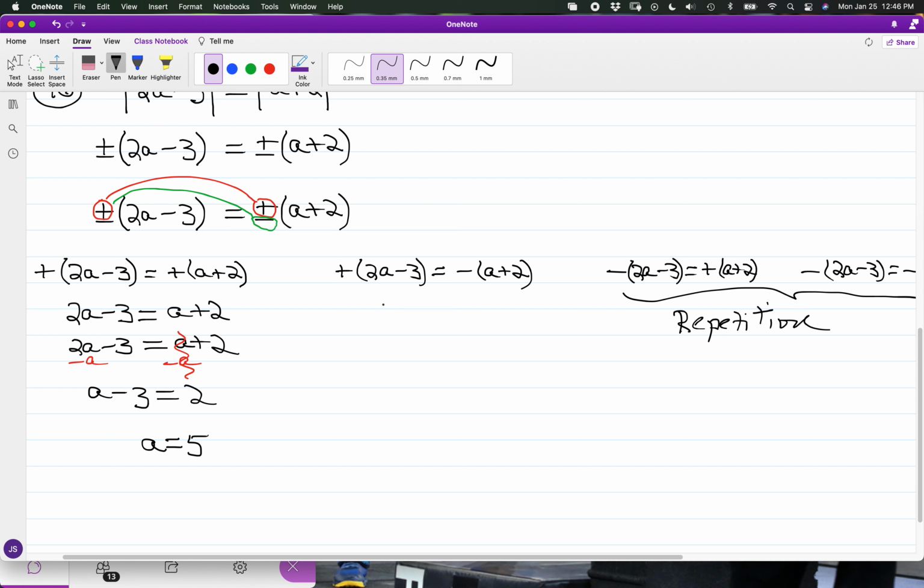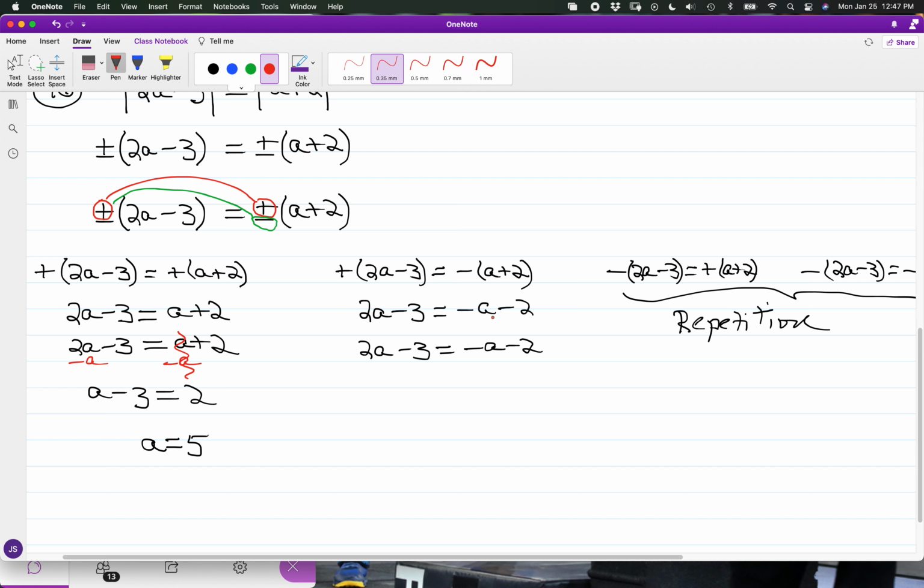Now, mapping together a positive of 2a minus 3 with a negative of a plus 2, I have for this next go round, with the distributing, 2a minus 3, and then the negative of all of a plus 2 is going to be minus a minus 2. And so we have two sets of like terms.